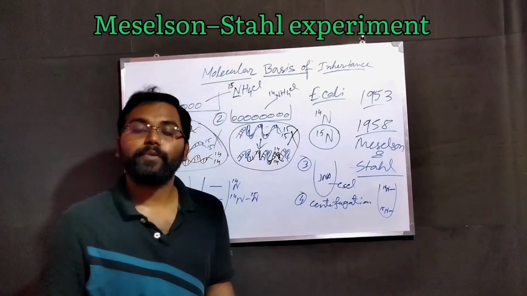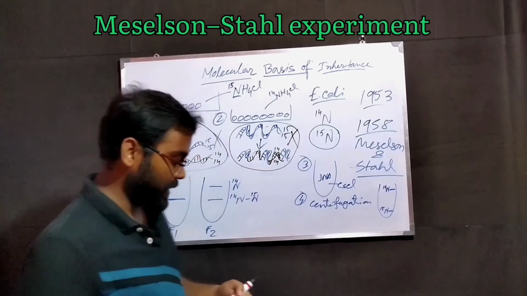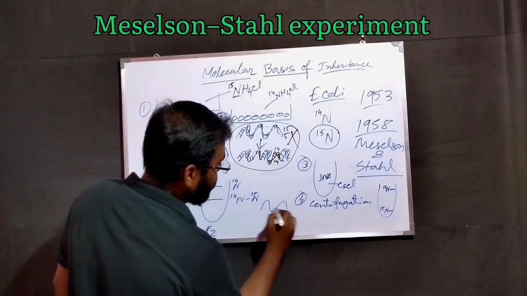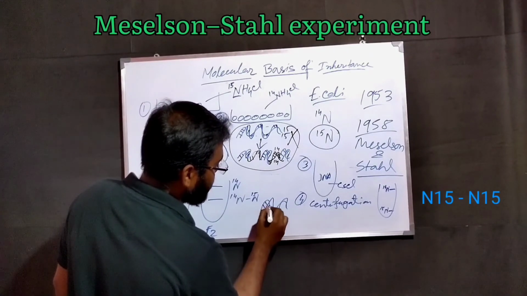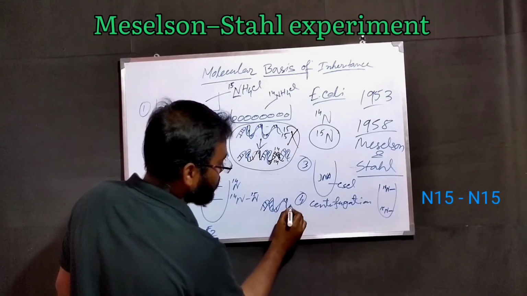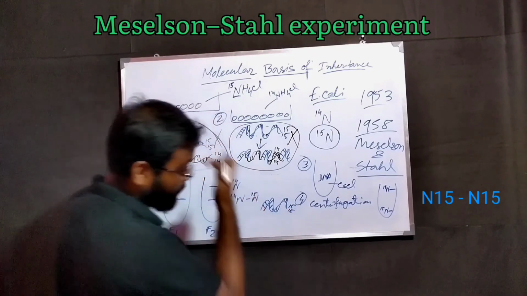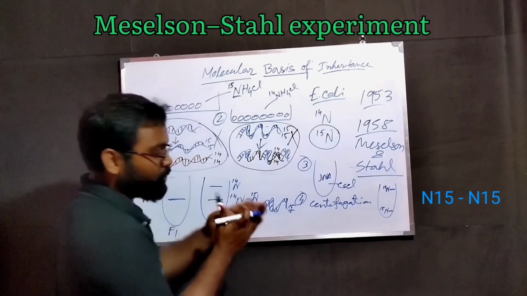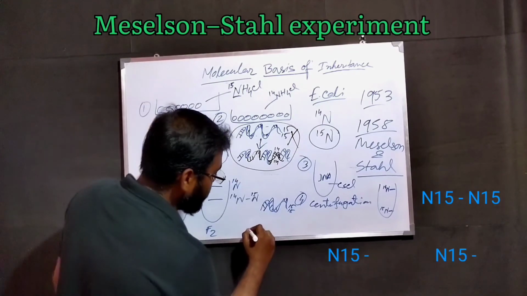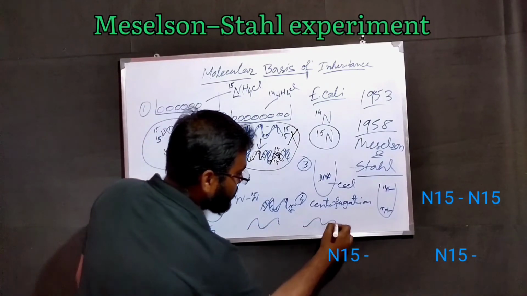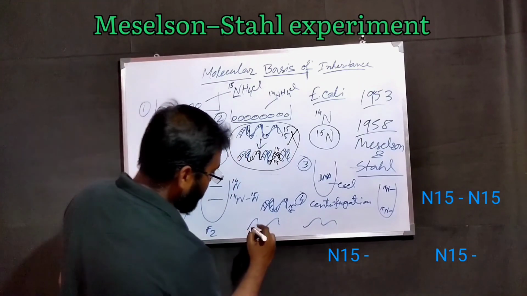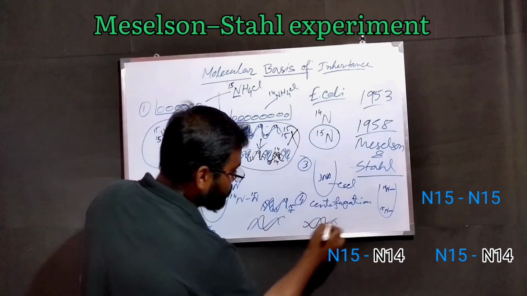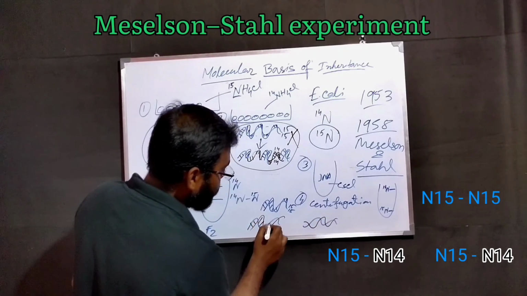Now it is the time for checking the semi-conservative method. Just like the previous one, both the strands of this DNA are N15 and 15, and according to the semi-conservative method, both strands will be separated and they will produce a new one. This is for the F1 generation.